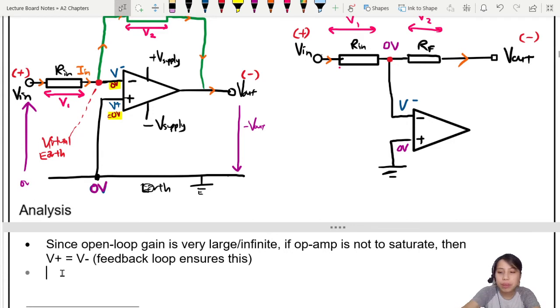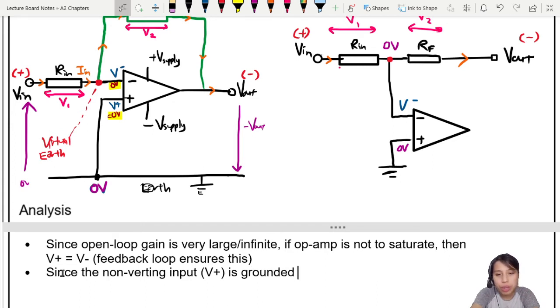Since the non-inverting input, which is V plus, is grounded. Grounded means what? 0 volt. See the 0 volt here? V plus is connected to ground now. Since this one is grounded, what will the loop try to do to make sure the other one is there?